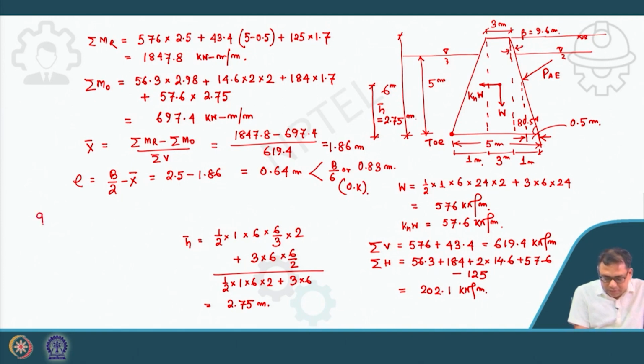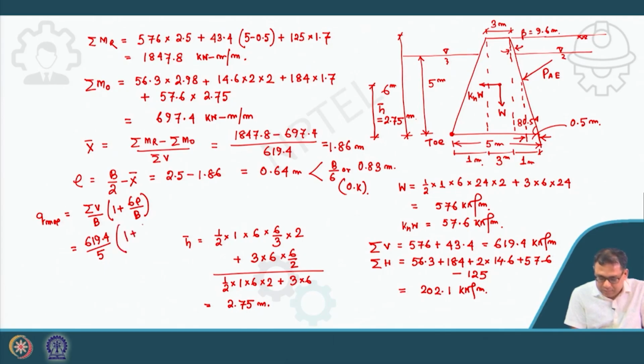Now, I can calculate the Q max. I have given the expression: summation of V by B, 1 plus 6E by B. So, V is 619.4, B is 5 meter, then 1 plus 6 into 0.64, the E value, divided by 5.